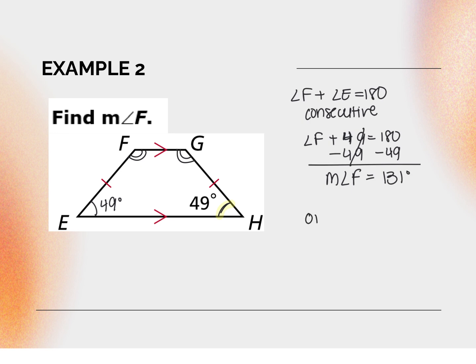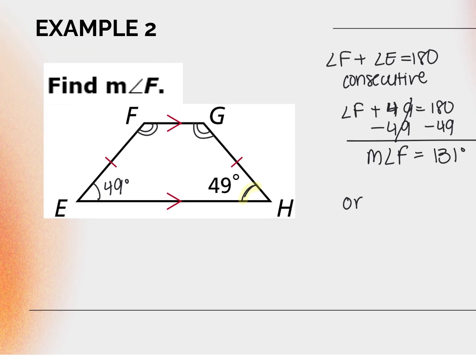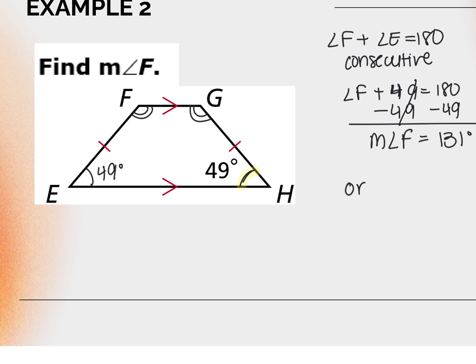However, showing you another way how to solve for the measure of angle F. I know the interior measure of a quadrilateral. What's the interior measure of a quadrilateral? 360, good. So if the entire inside equals 360, I can go ahead and find what's missing.